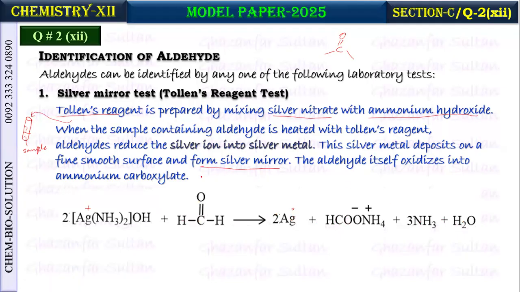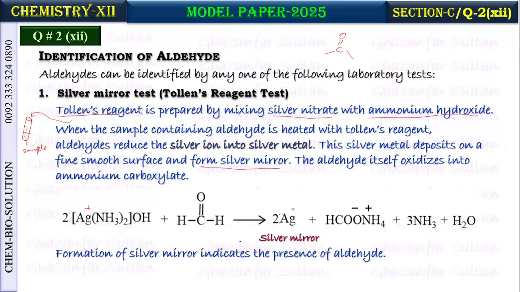This test can be used to distinguish between aldehyde and ketone, as well as for identification of an aldehyde. The formation of a silver mirror indicates the presence of an aldehyde. So it was one of the tests.